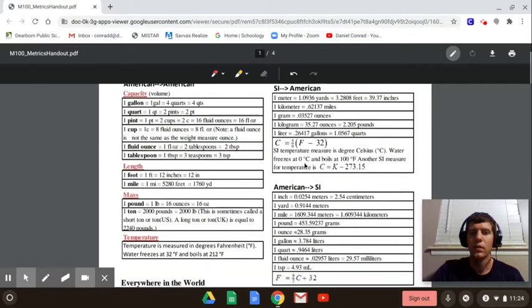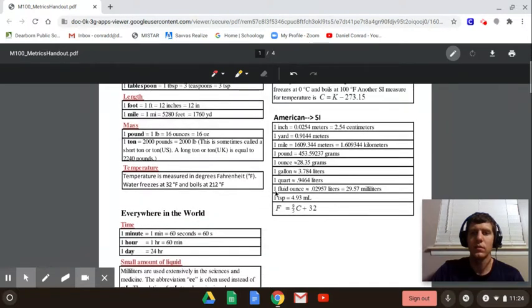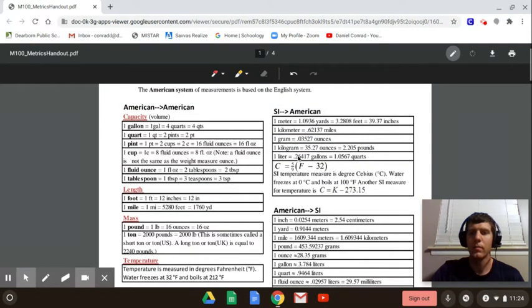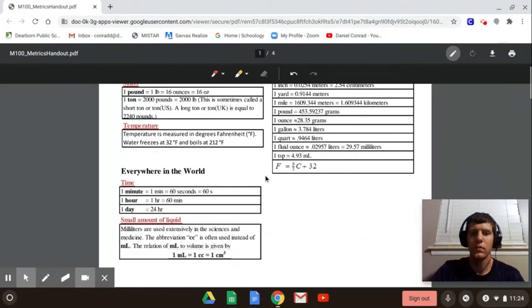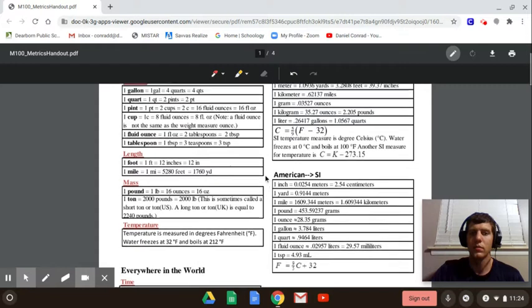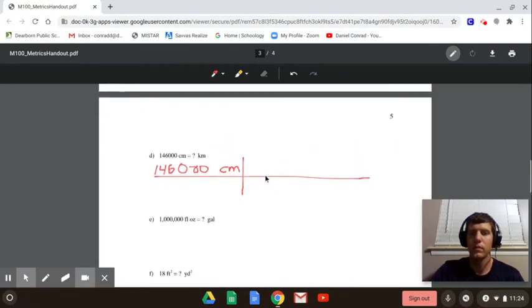If you look at our metric conversions here, I'm not even sure. Nope, they got them here. Nope, standard. So they want you to know your metric ones, which you should. Those aren't on the list though.